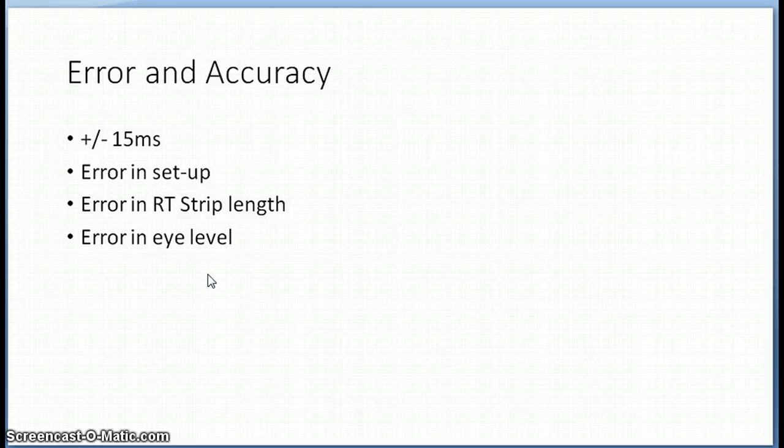So the strip can be a little bit inaccurate. The third one is error in eye level. Maybe the subject might read his reading wrong from 1 to 2 microseconds based on his fingers. So that's a source of error, and knowing the sources of error is related to the accuracy of the test.